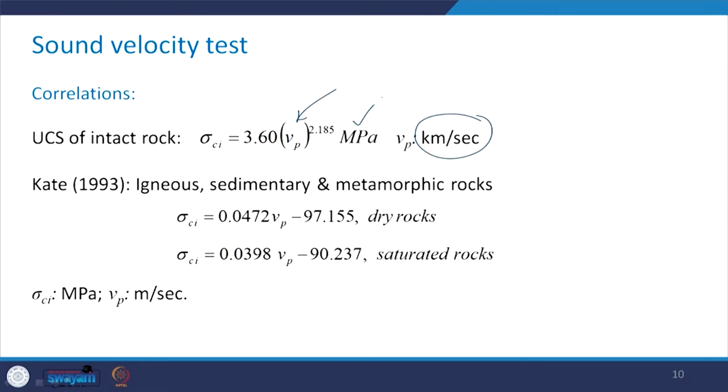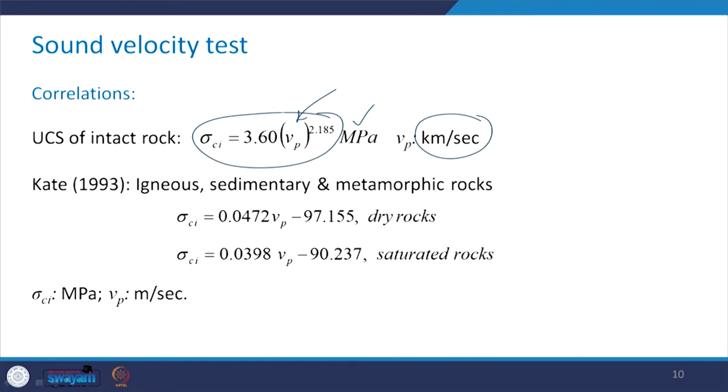Please keep in mind that we need to be careful about these units, because these expressions are generated in an empirical fashion. That means a lot of tests were conducted and then this equation was fitted to that data.